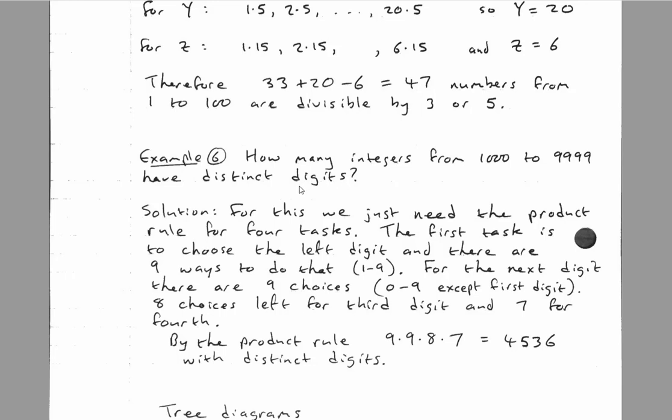Again, the digits are the symbols 0 through 9, and we want to count the numbers that have distinct digits, so no digit repeated.